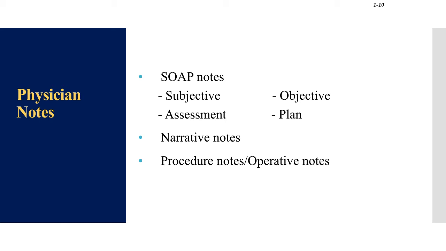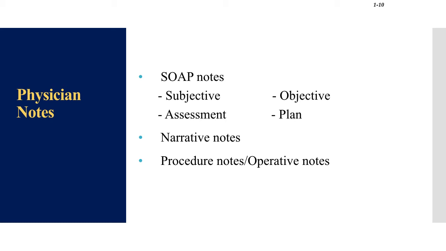Objective is the part of the documentation that reports the physician's objective observations from a physical examination. You know, where they take their stethoscope and they listen to your heart and your lungs, and they take that little thing and they look in your eyes and your ears and up your nose and down your throat. Also in objective will be vital signs, as well as any test results that are available and discussed during this encounter.